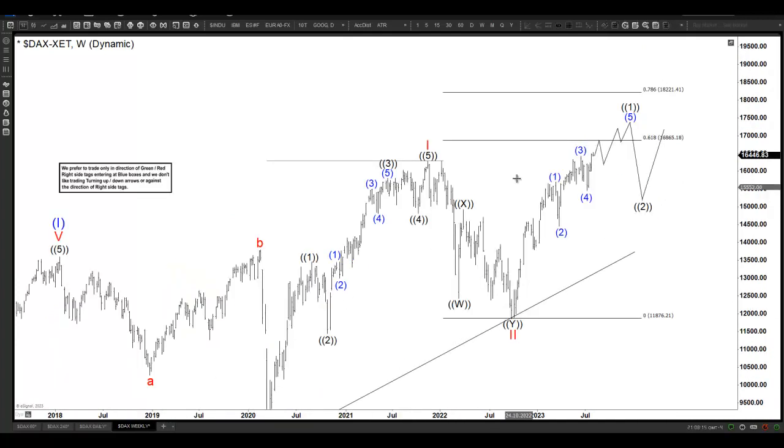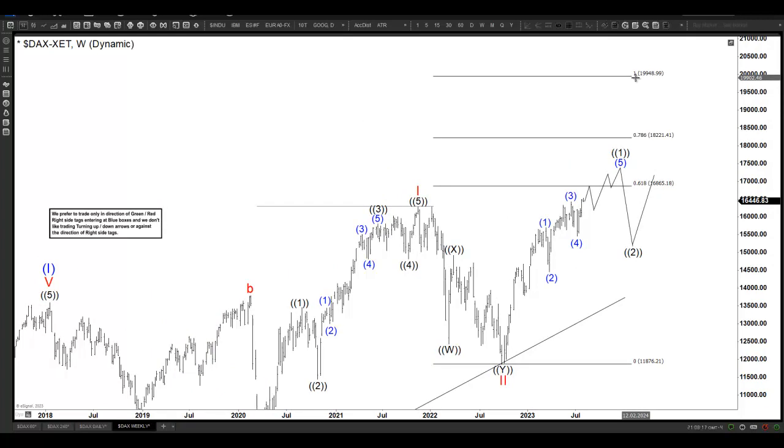In weekly, comparing with 100%, 19,948, there is still enough space to accommodate wave 3 of 3 in blue to end, then followed by wave 4 in blue, and then wave 5 higher of 1 can reach towards full 100%, 19,948.